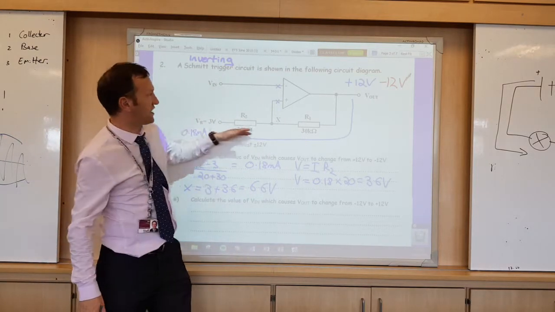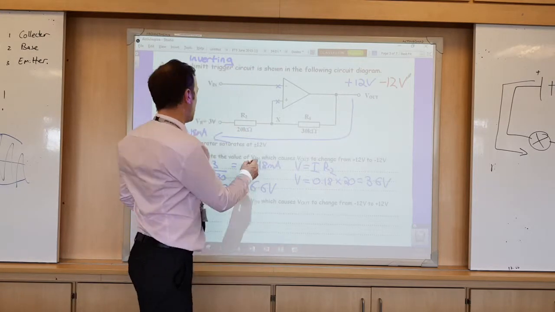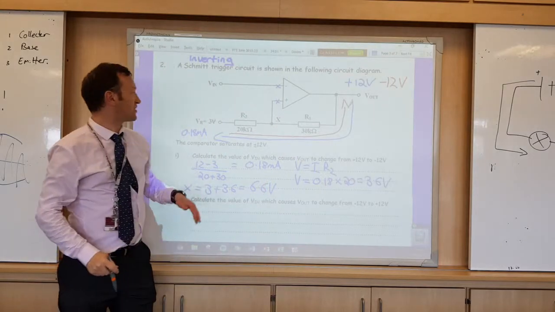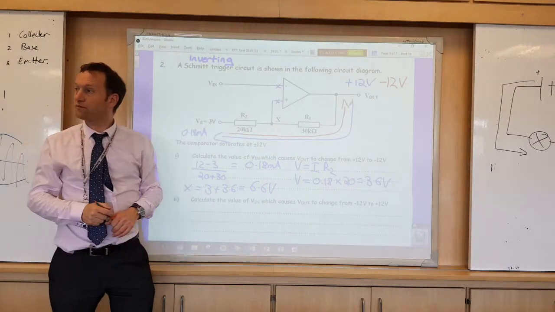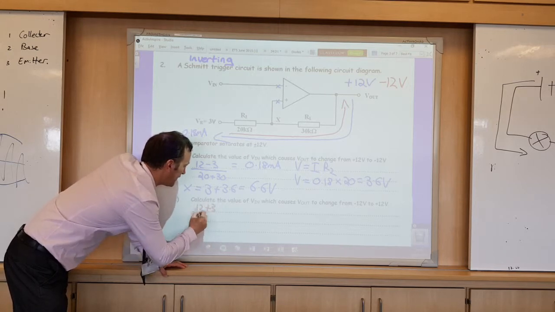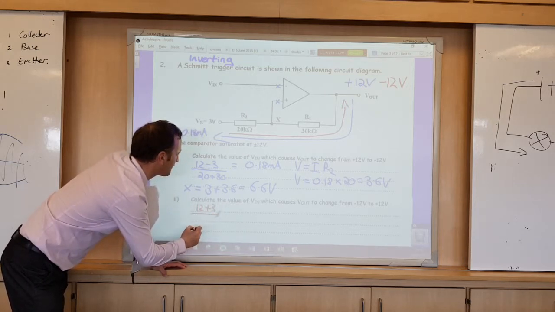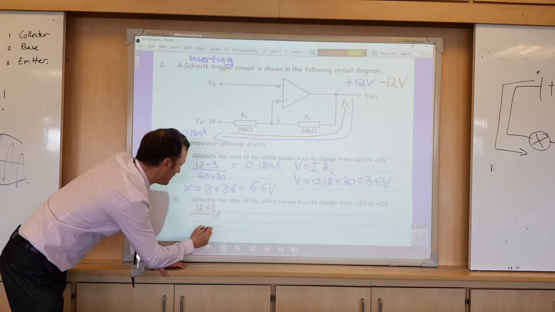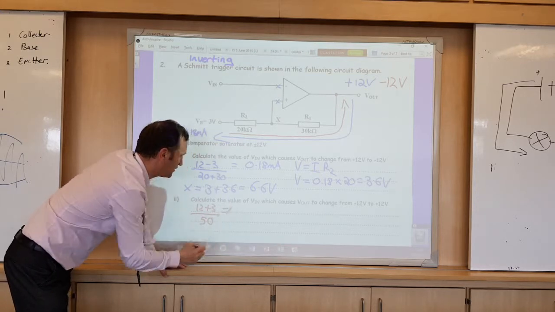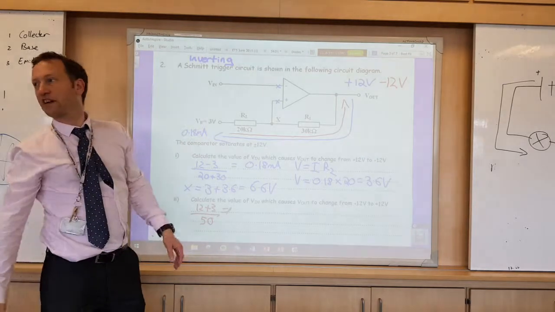But this time the current is going to be going that way, because it's going from 3 down to minus 12. So this time we've got 12 plus 3, so 15 over 50. Is that 0.3?